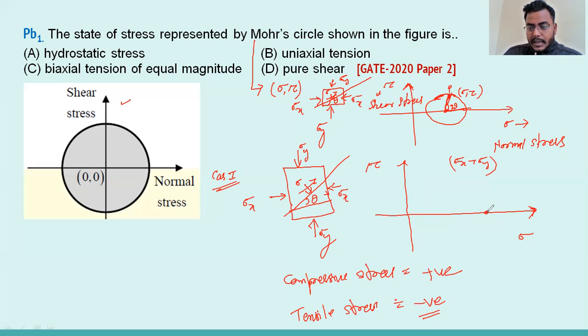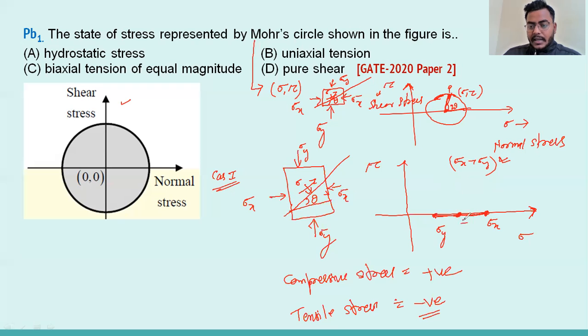So locate the sigma x. Let's assume somewhere here. Then locate the sigma y, and we have taken sigma x greater than sigma y. Then draw a line and find the midpoint of this line. So this would be the center of Mohr circle.